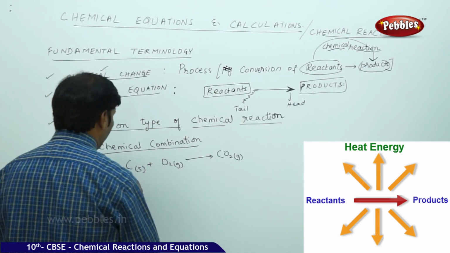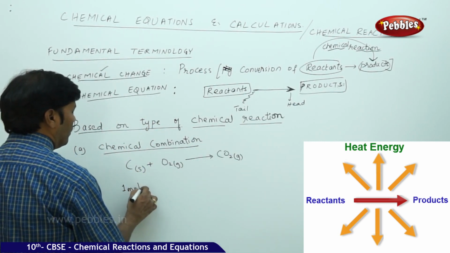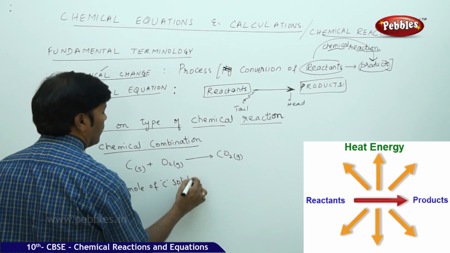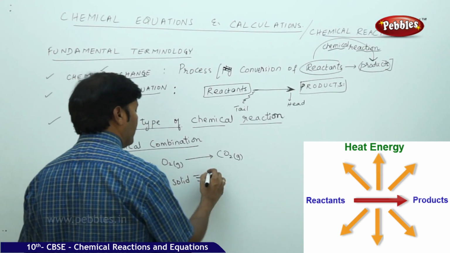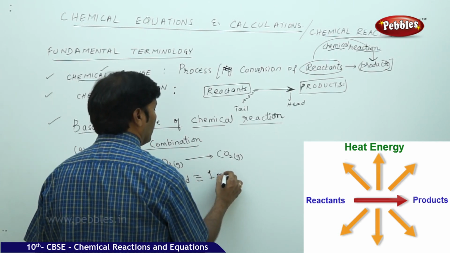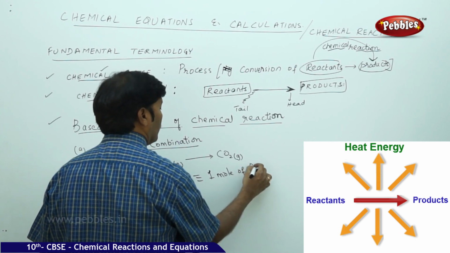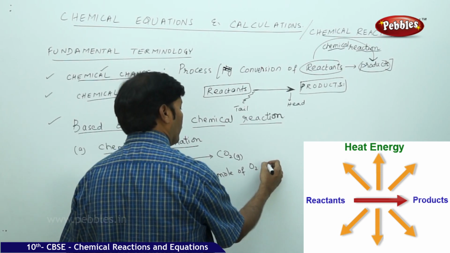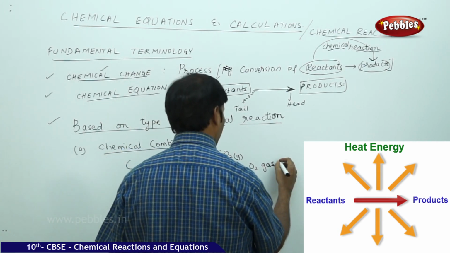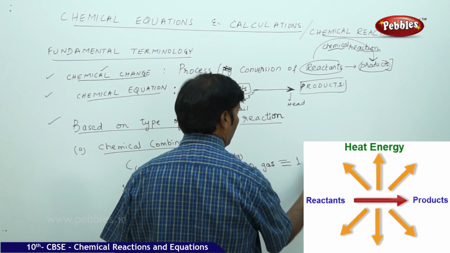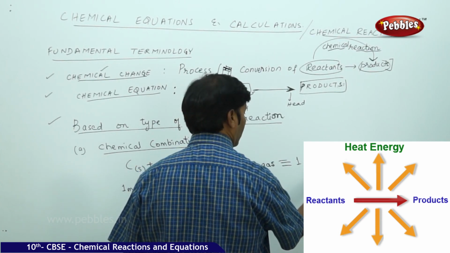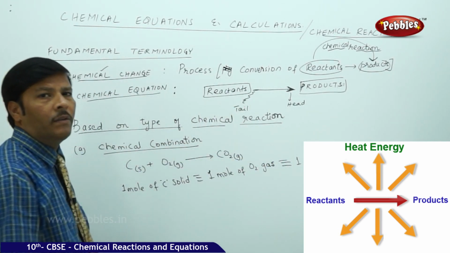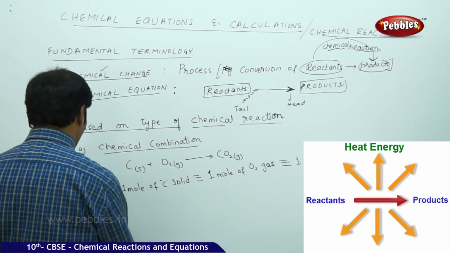That means 1 mole of carbon solid reacts with 1 mole of O2 gas giving rise to 1 mole of carbon dioxide gas. This is the information which you can gather from the chemical combination.